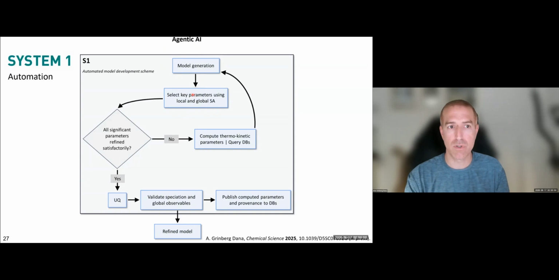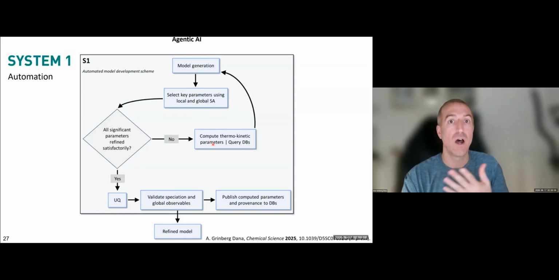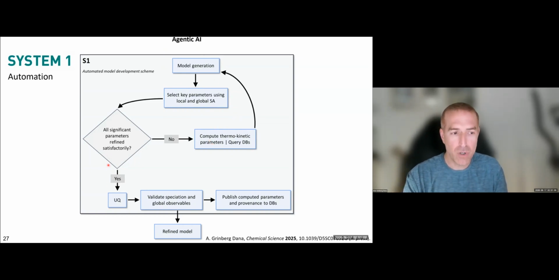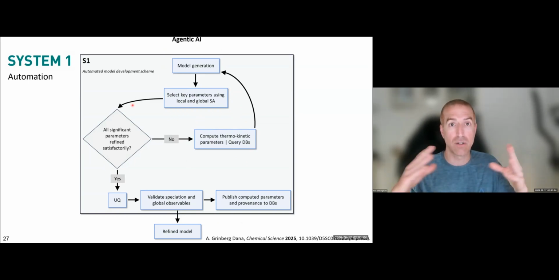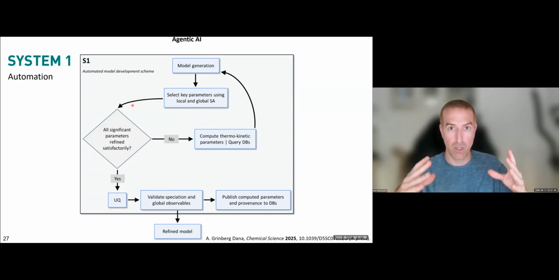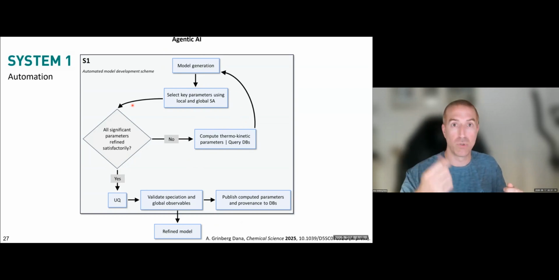Then selecting parameters that we want to improve using sensitivity analysis. Later on, computing them using ab initio method, so that's where ARC fits. And overall, we don't have to go into all the details here. Overall, we have a layer of automation that anyone can use to generate predictive chemical kinetic models.